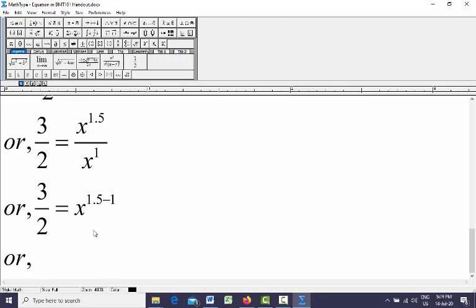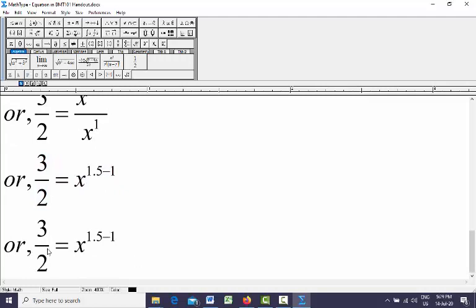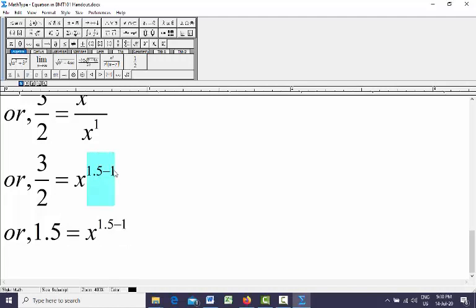So now what do we have? This 3 by 2 can be written as 1.5, and here we have 1.5 minus 1, which can be written as 0.5, right?